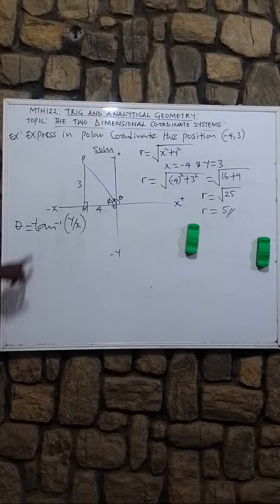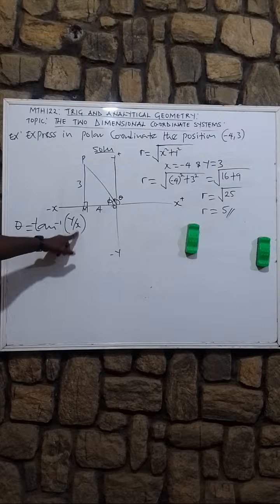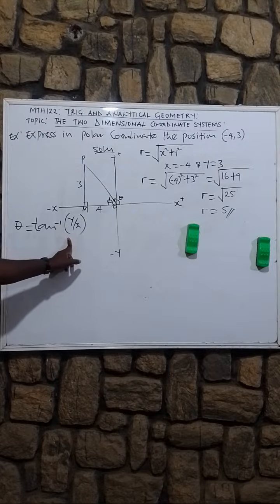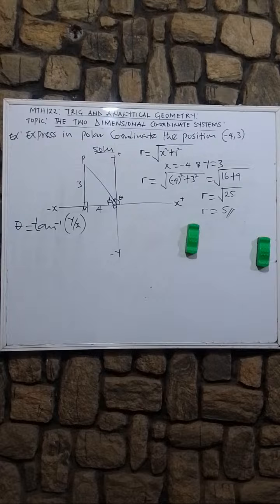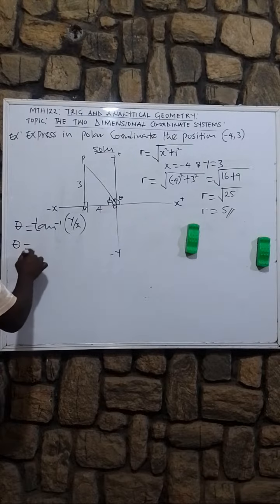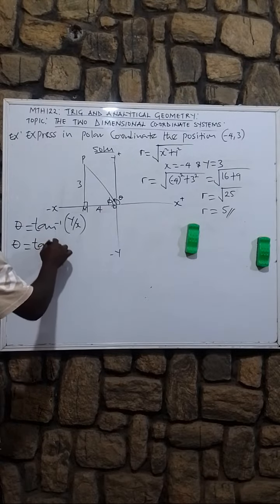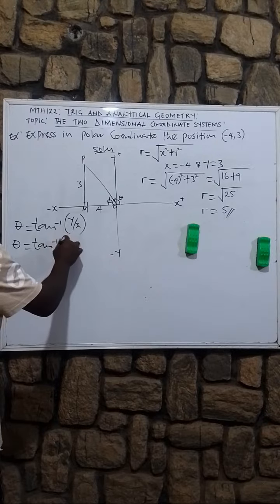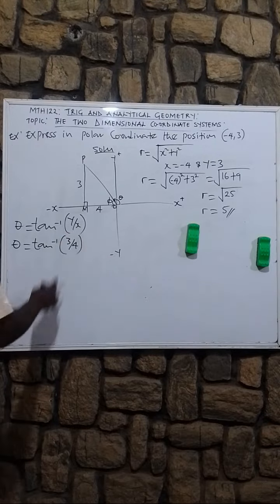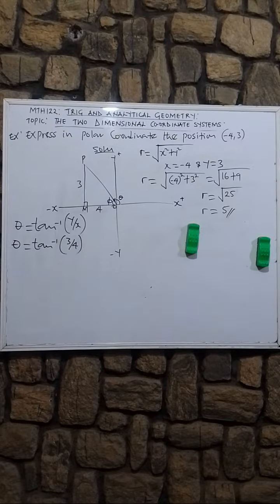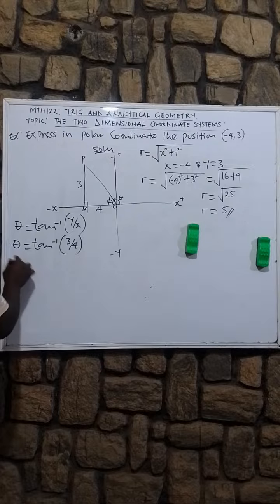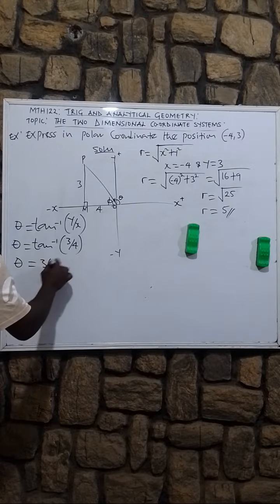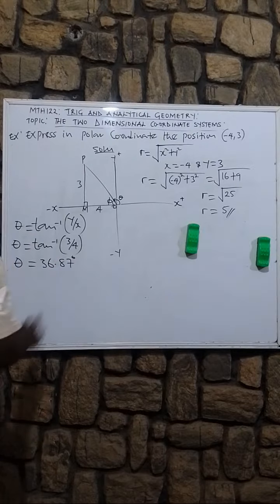So whatever angle you obtain from here, you subtract it from 180 degrees. So what we need to do here is theta will now be equal to tan inverse of 3 over 4. Then tan inverse of 3 over 4 is going to give us 36.87 degrees approximately.